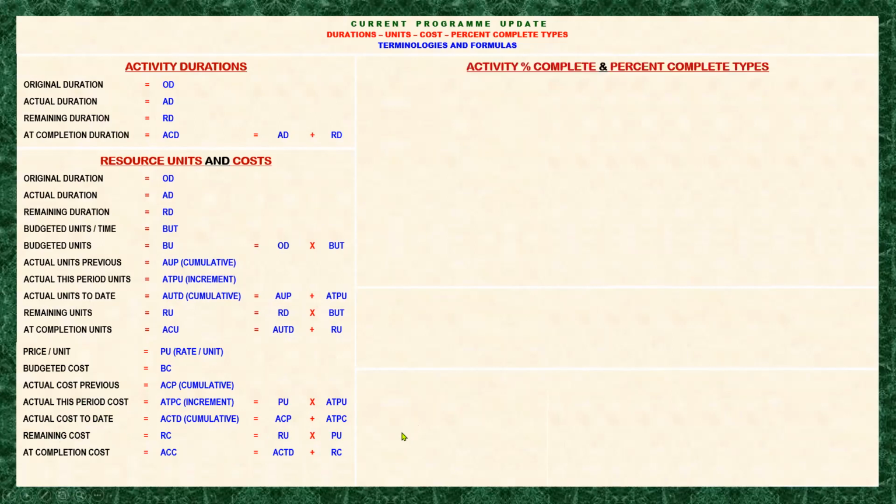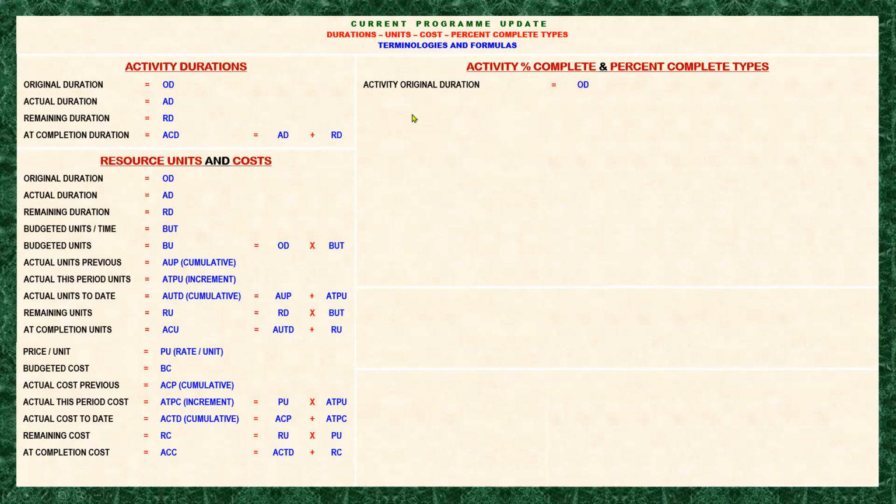Okay, next we will proceed to the activity percent complete and percent complete types. Actually, we have already discussed this in Primavera itself by doing the trial and error demonstration, but this will add an additional insight.